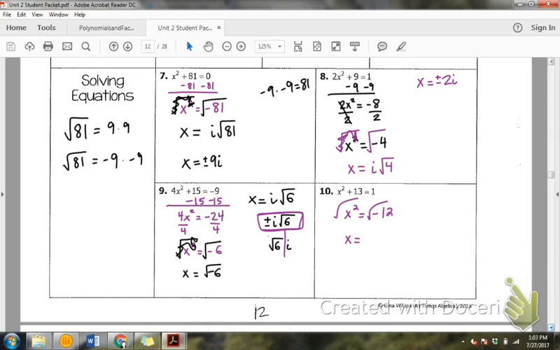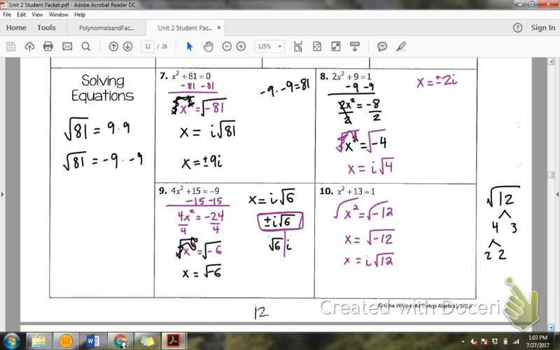x equals the square root of -12. We know if it's -12, that means we take what? The i. Okay, you guys are getting good at that part. And then if I want to try to break the square root of 12 down, what two numbers make 12? 4 and 3, 6 and 2, either one. 2 and 2.